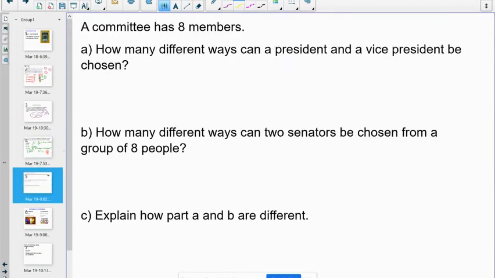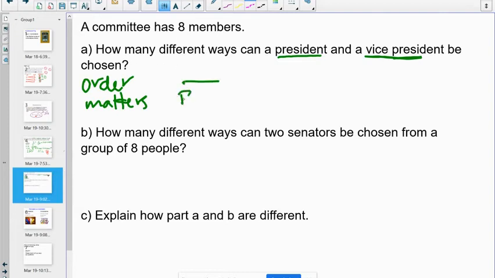So now, a committee has 8 members. How many different ways can a president be chosen and a vice president be chosen? Okay, in this case, let's think, does order matter? Well, we have 2 different roles, so president and vice president. So our order is going to matter. Order matters. And since order does matter, we know it's a permutation.